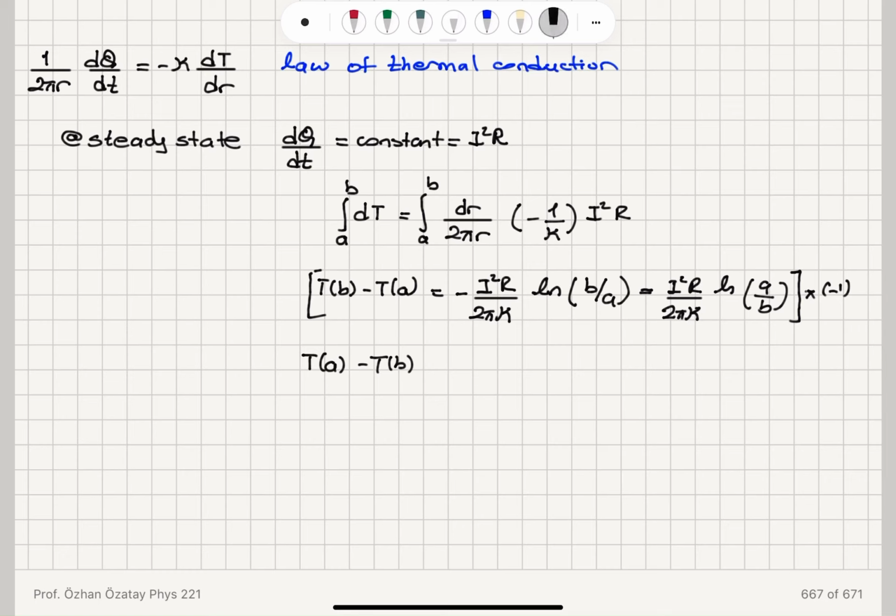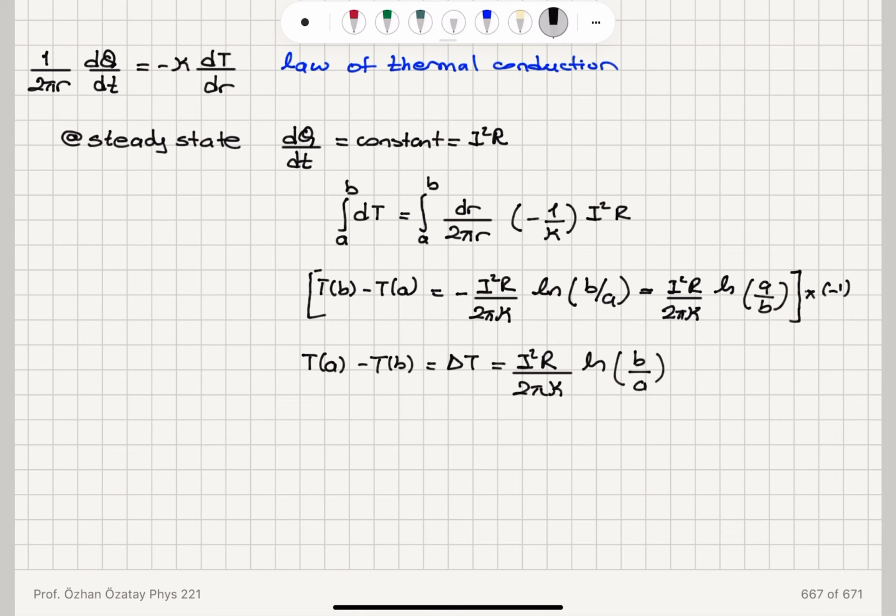So this is the delta T measured between points A and B. This is going to give me I squared R divided by 2 pi kappa natural logarithm. Since I have multiplied this equation by minus 1, this becomes natural logarithm b over a again.